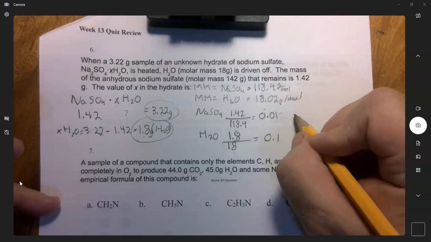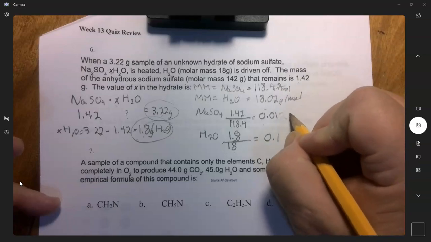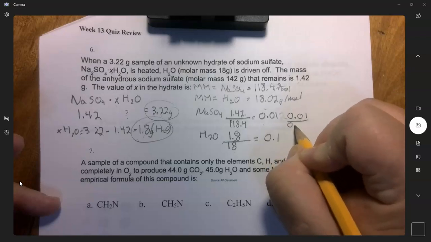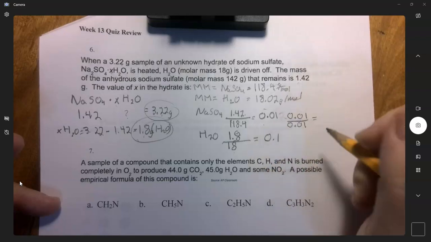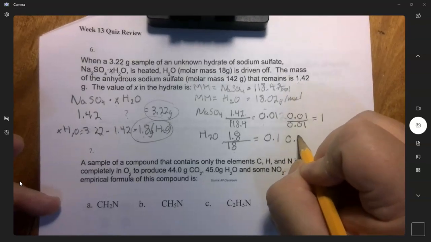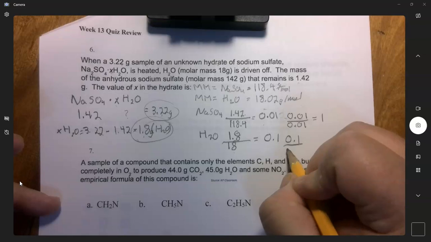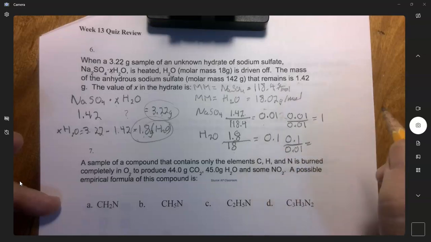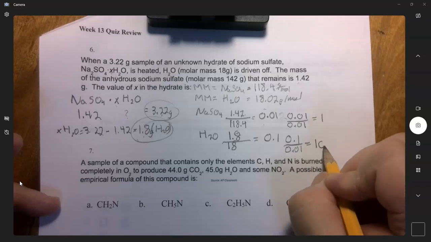So for Na2SO4, the smaller number on the bottom, and for H2O, and that's going to equal 10.